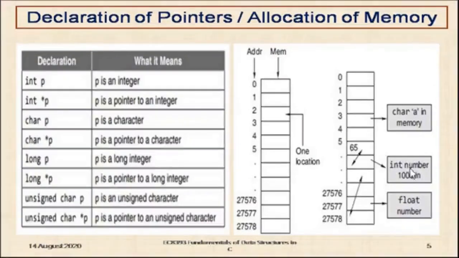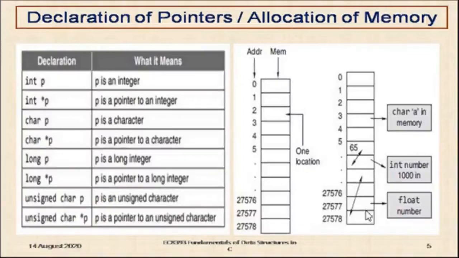So the integer type variable occupies 2 bytes. You can see here 2 bytes are assigned. But what is stored? What is the base address? So this address 27506 and 07. These 2 locations or memory addresses are assigned for the variable number. But when you assign the address of this variable number to the pointer variable, what will happen? The starting address or base address will be stored.